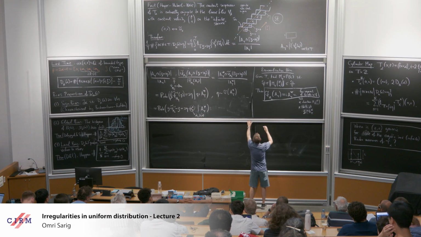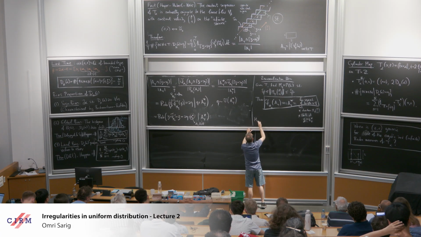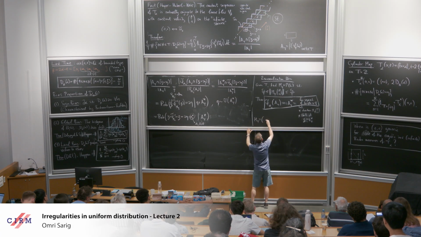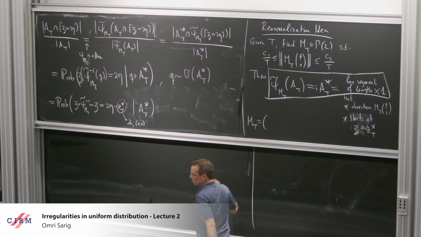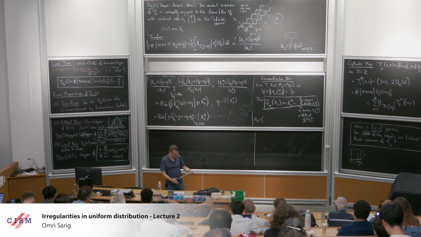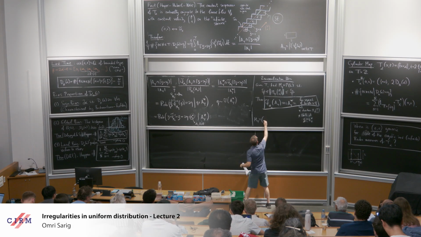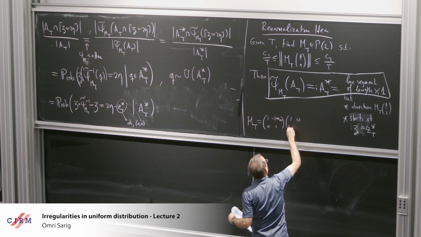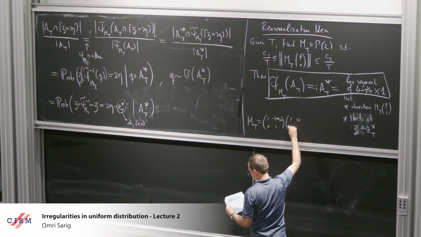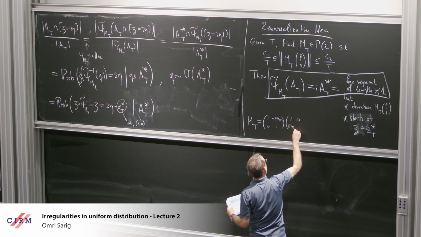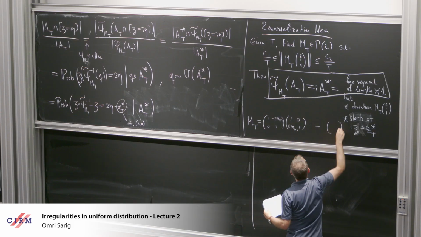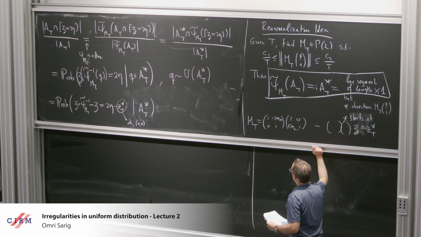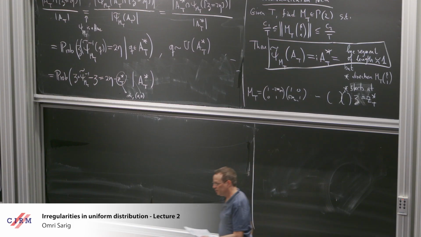Recall that M_T is the product of many, many matrices, 1 minus 2m to n, minus 2m to n minus 1. So I'm going to write this product in the following way.